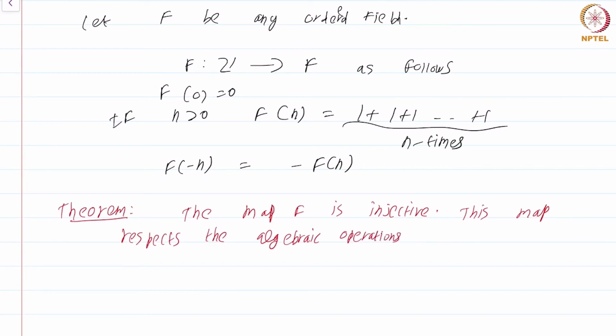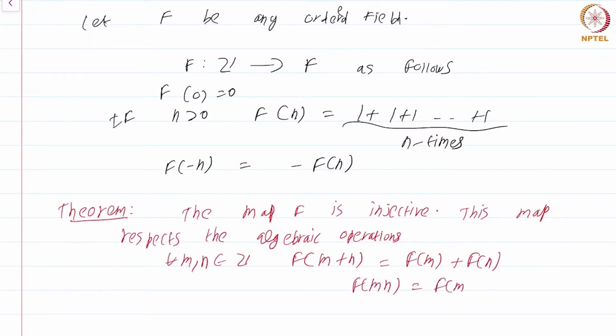Well, this is where a bit of abstract algebra is required, but let me just give an ad hoc definition. It just means that for all m, n in Z, f of m plus n is equal to f of m plus f of n, and f of mn is f of m times f of n.